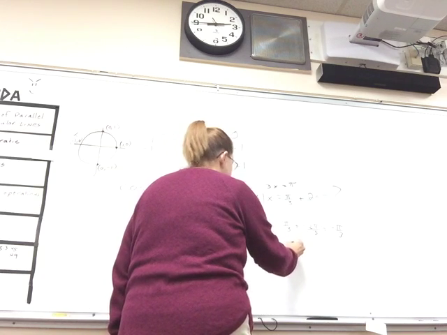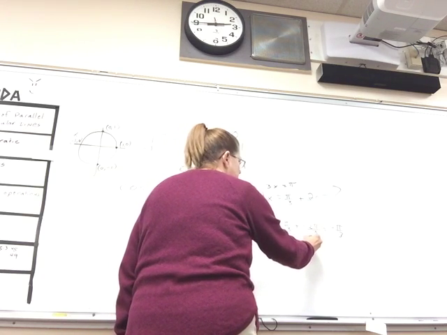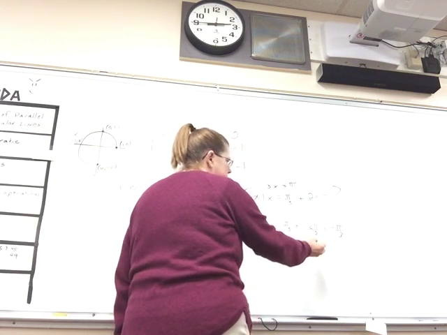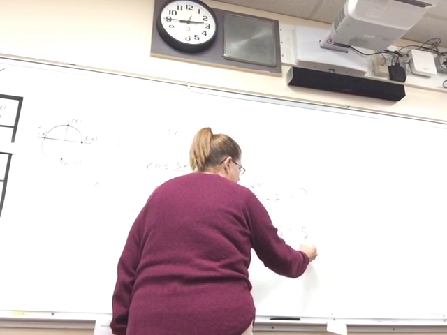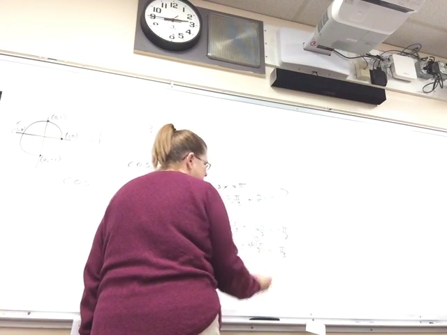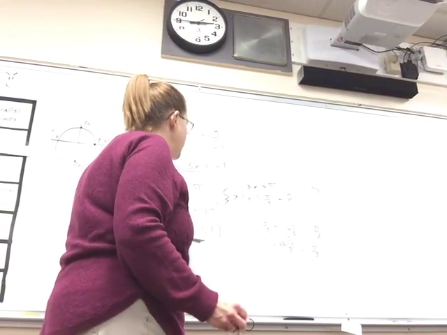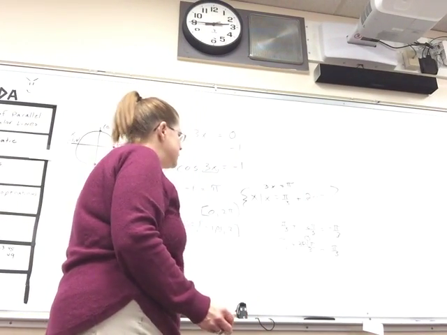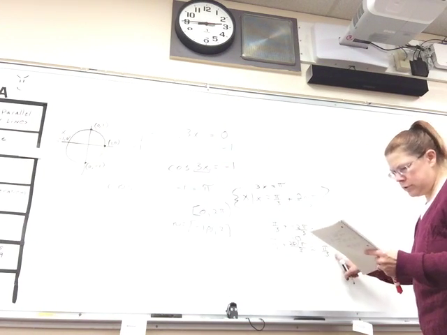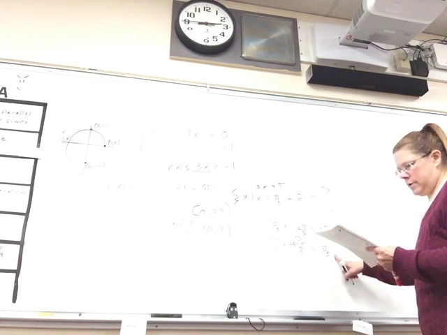If I do pi over 3 plus 2 times 0 pi over 3, this gives me pi over 3, because this whole thing is going to go to 0. And pi over 3 is in that interval. So that means n equals 0 is one of my solutions, and that solution is pi over 3.